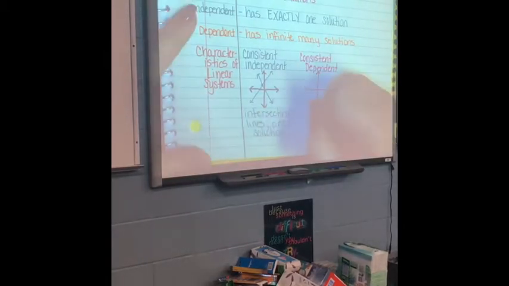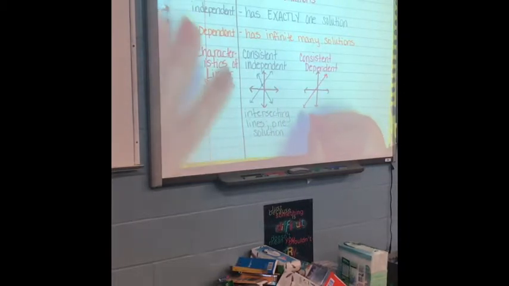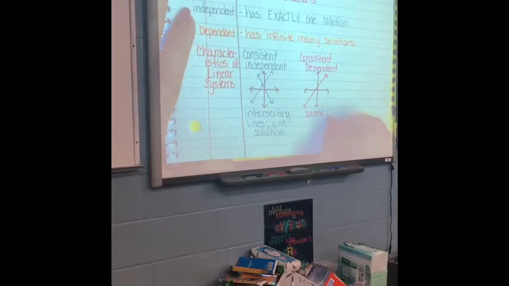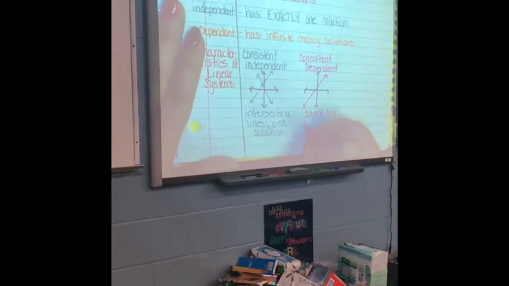So I draw one line and then I draw the second line right on top of it. They would be the same line. And those would have infinitely many solutions.